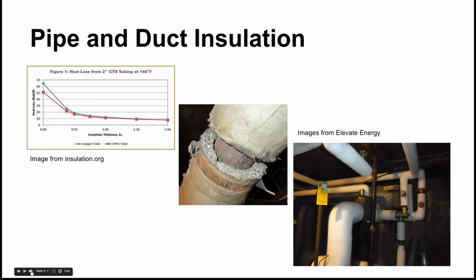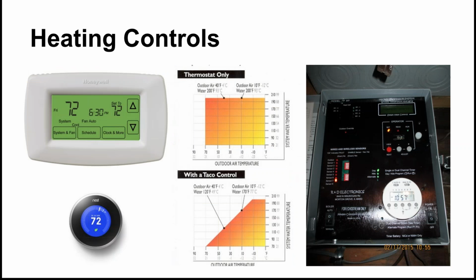And then one other thing you can do to improve the heating is look at how the heating system is controlled. I have 3 examples here based on 3 different types of systems. The first one on the left is programmable thermostats, and you see these mainly with forced air furnaces.